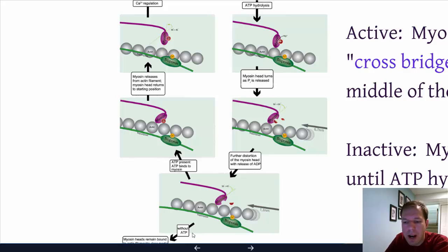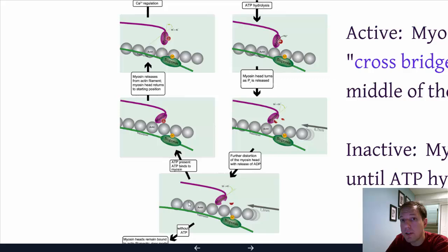Now, if there's no ATP available, then the myosin is going to stay attached to the actin in this conformation. Therefore, no relaxation can occur, because in order for the muscle to relax, the myosin needs to detach and allow these filaments to slide back to their original position.